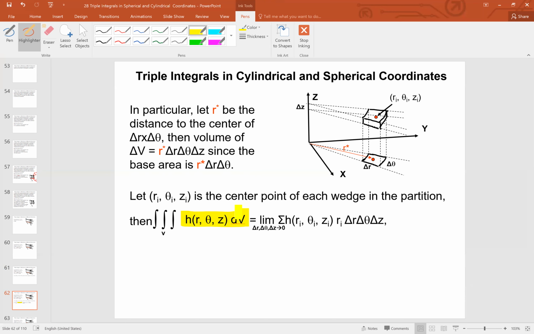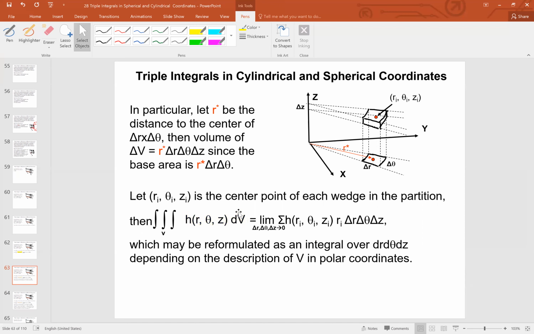I want to add up the mass of all these wedge chunks. The ones further out and closer in are all slightly different sizes, but I let dr, d theta, dz all shrink to zero. So eventually the volume of each chunk goes to zero, and then I add them up. That's an integral, and this is the triple integral in cylindrical coordinates.